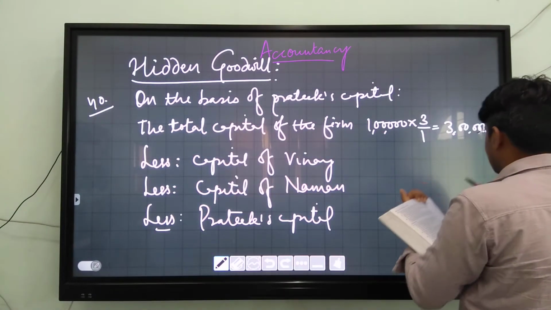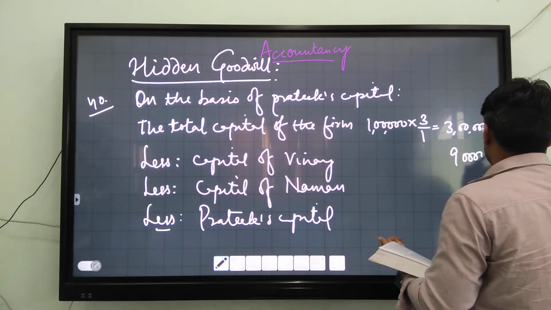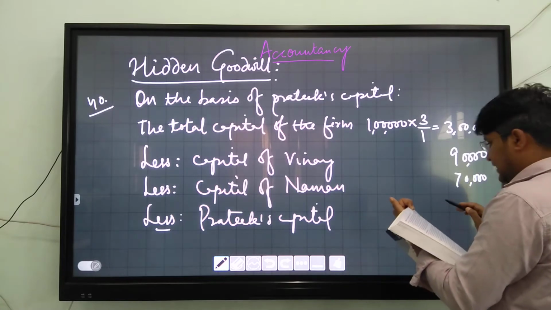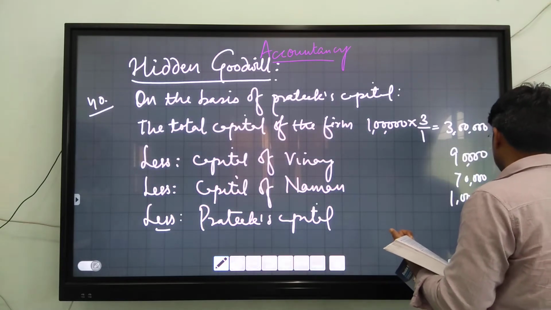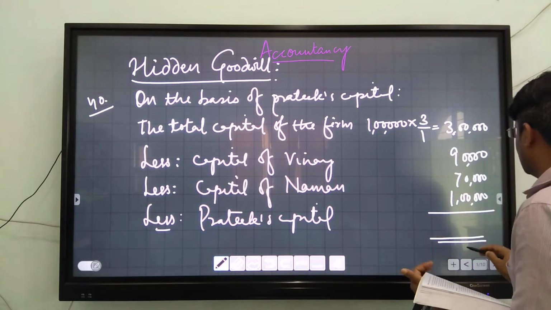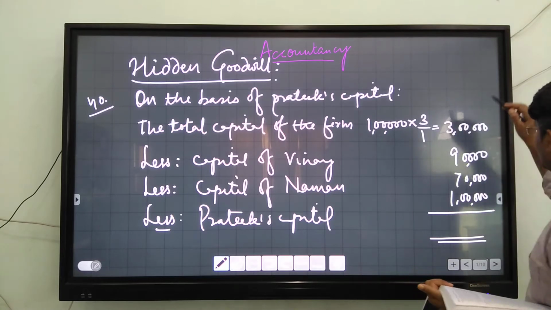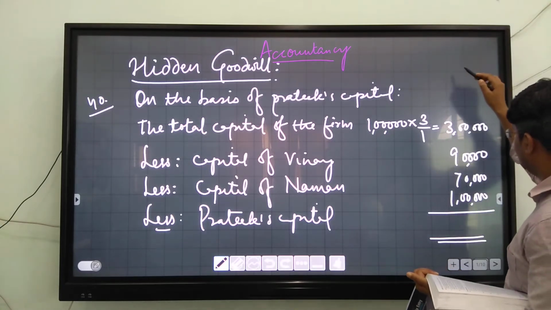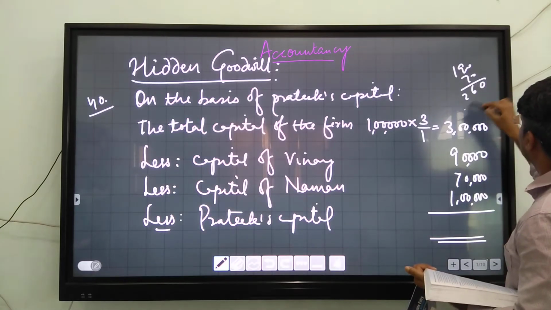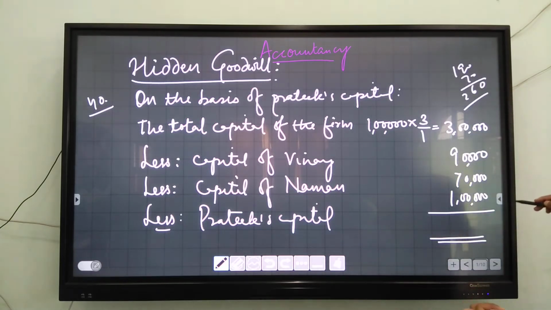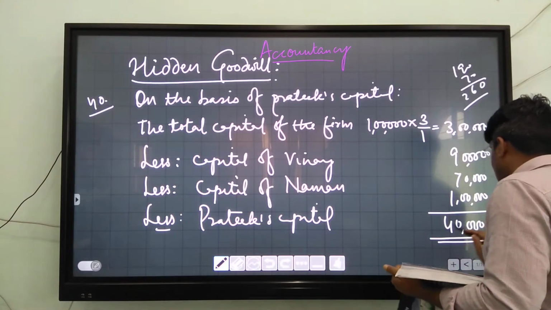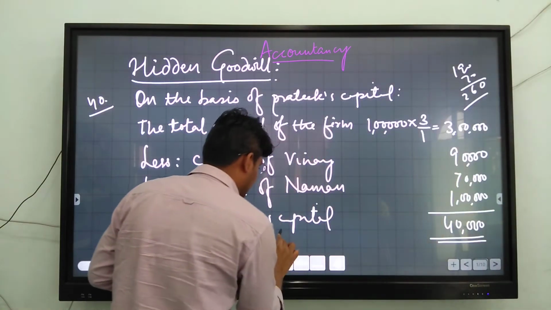Their capitals are 90,000, 70,000, and 1 lakh. Totaling 2 lakh 60,000. 3 lakh minus 2 lakh 60,000, we will get only 40,000. This is the goodwill of the firm.